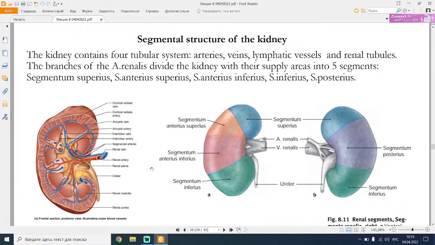The kidney contains 4 tubular systems: arteries, veins, lymphatic vessels, and renal tubules. The branches of the arteria renalis divide the kidney into 5 supply areas, or segments.